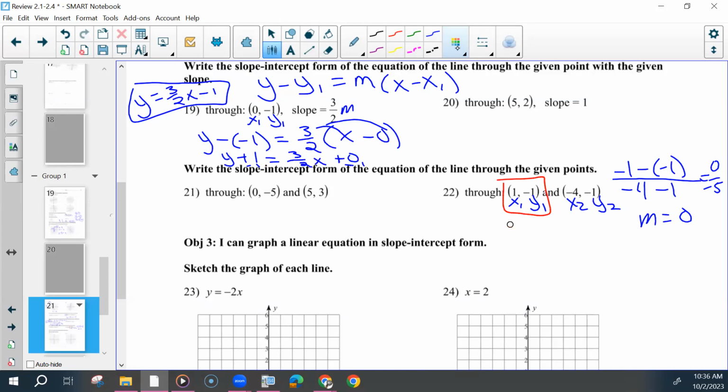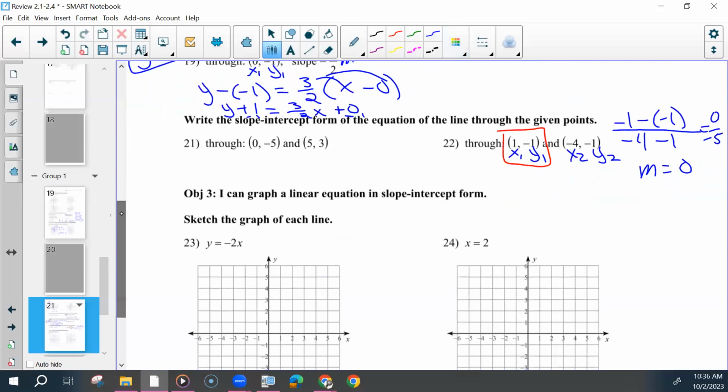And use this point and this slope in this equation. So we have y minus a -1 equals our slope 0, parentheses x minus 1. Just as we did for that last problem, we need to make the minus negative a plus. We can also distribute the 0, but what happens when we do that?